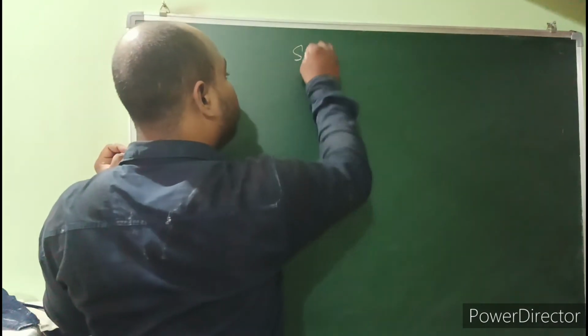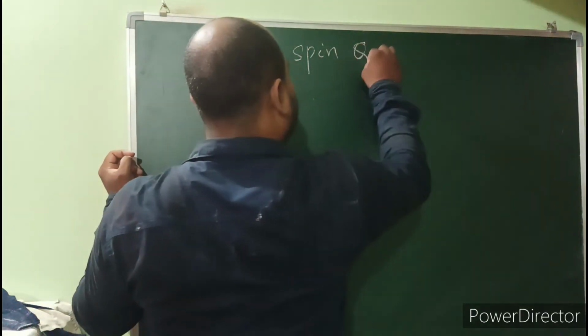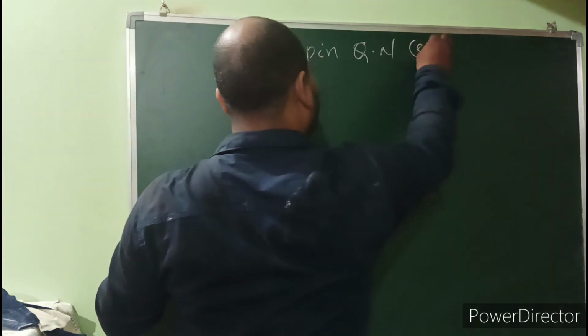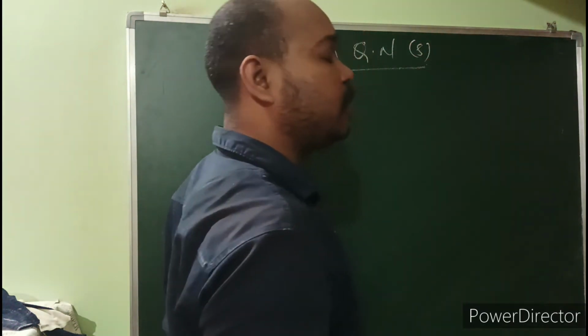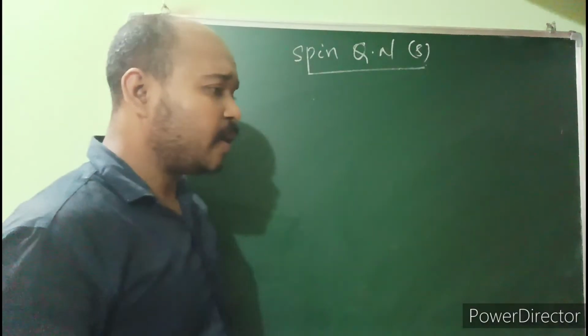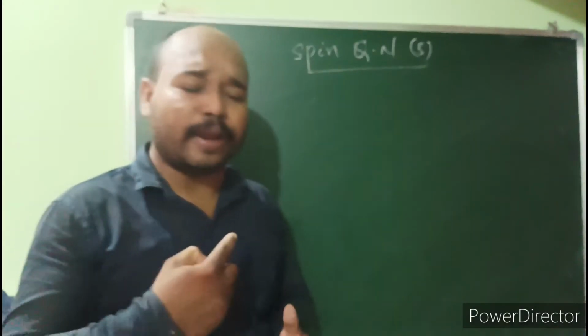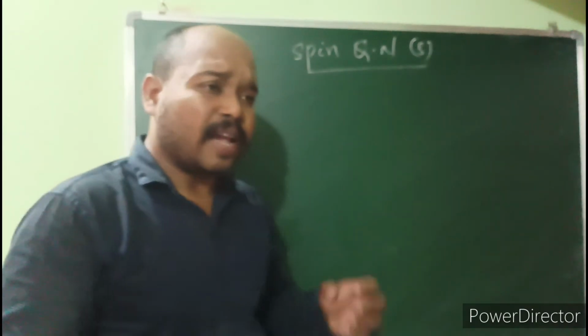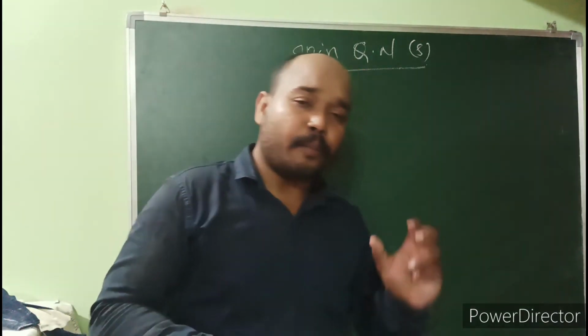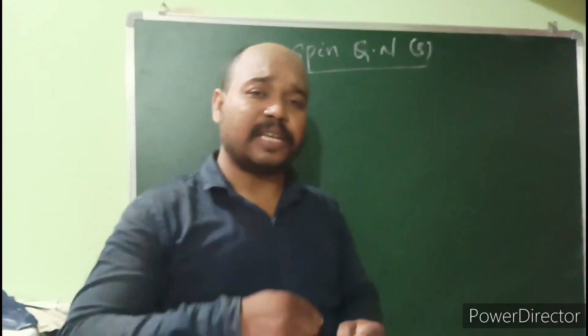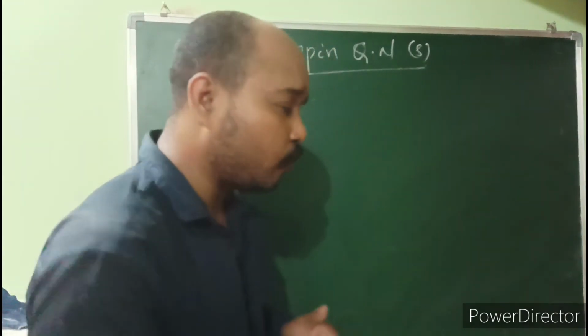Now we will find out the spin quantum number, that is denoted as spin or s. It is nothing but the orientation or the direction of revolving of the electron around the nucleus. An electron may revolve around the nucleus in a clockwise or anti-clockwise direction.